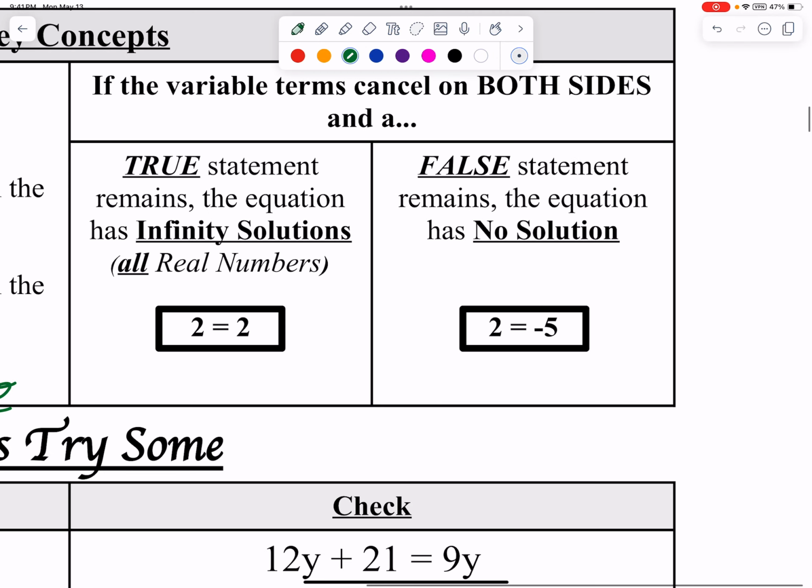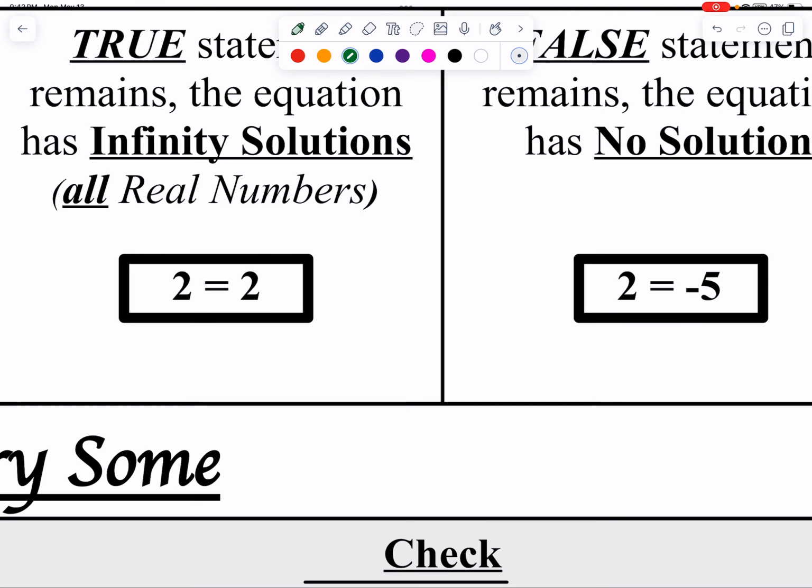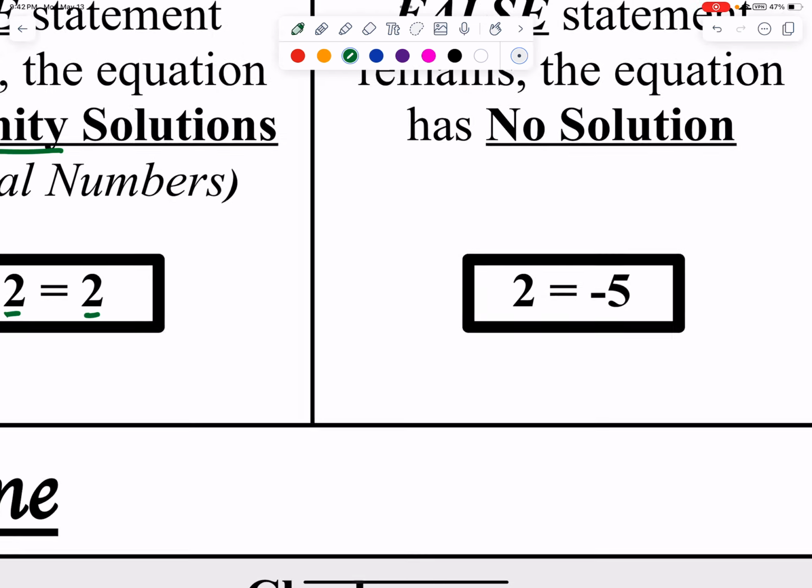One other reminder, though: if you're ever solving for a variable and the variables disappear, and you end up with just the constants, remember that if the two equal each other, then you have an infinite amount of solutions, because anything you put in for the variable works.